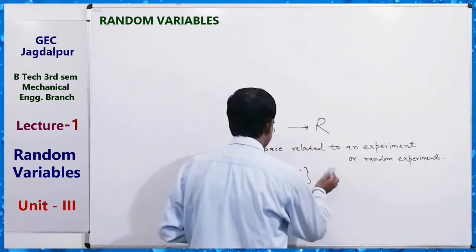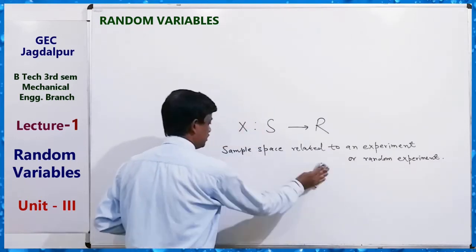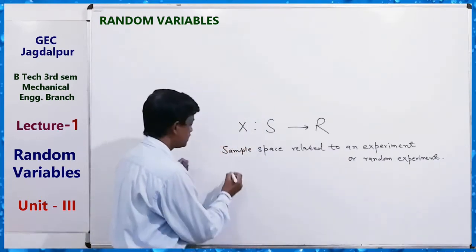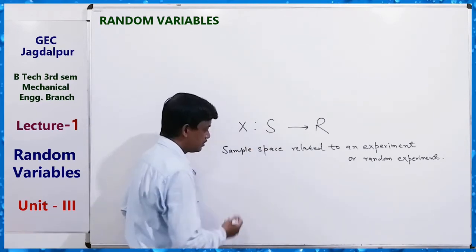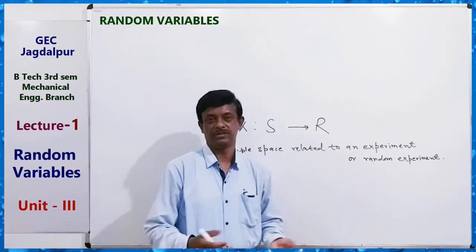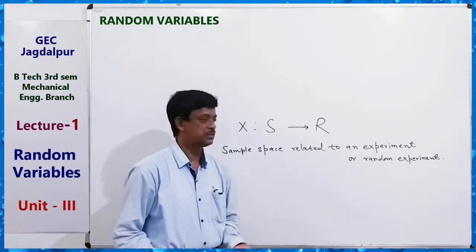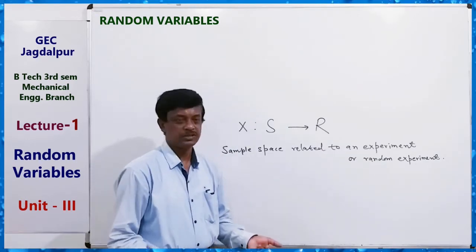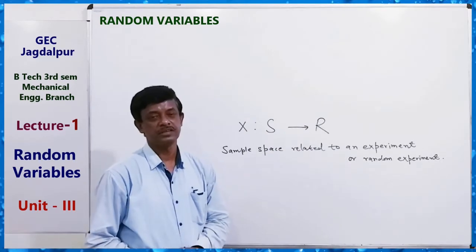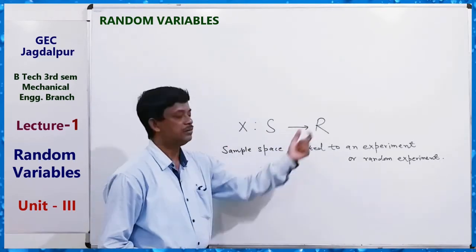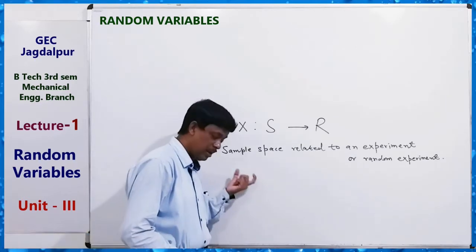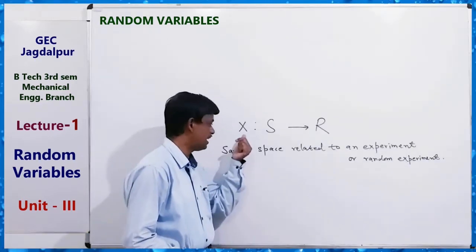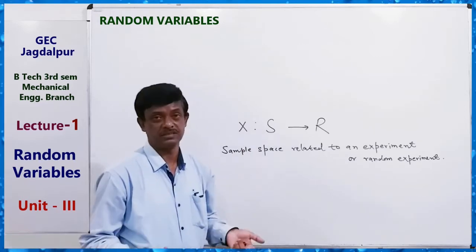Here in the sample space, getting 1 depends on chance, getting 2 depends on chance, getting 3 depends on chance. So x can take the real values 1, 2, 3, 4, 5, 6, and taking this value by x depends on chance.